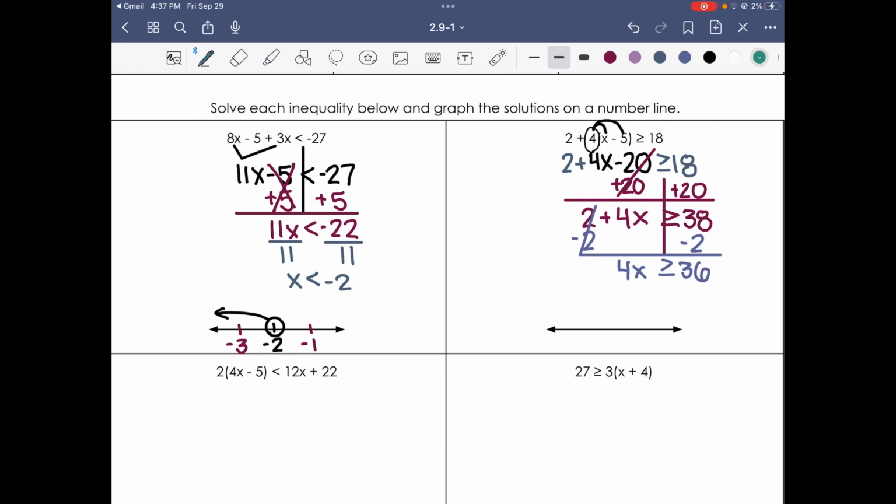And last but not least, we are going to divide by the 4, because you always divide by the coefficient in front of x, since it's being multiplied, even though we can't see it. 4 divided by 4 is 1, so we have 1x is greater than or equal to 36 divided by 4, 9.